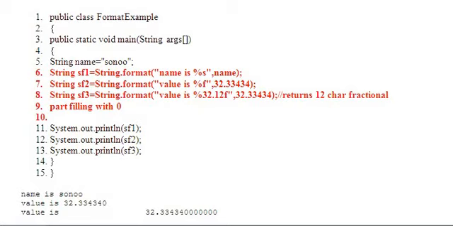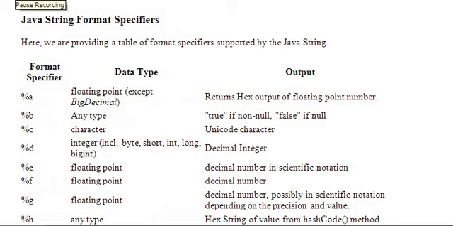After the dot 1 to 12 are allowed, but we have only 5. And look at the output, the remaining are zeros. So we have various format specifiers, a list.